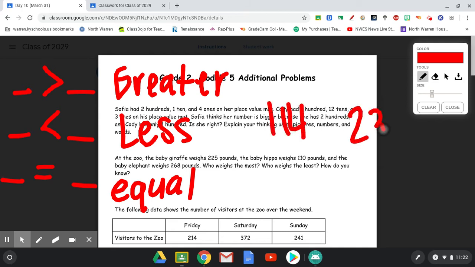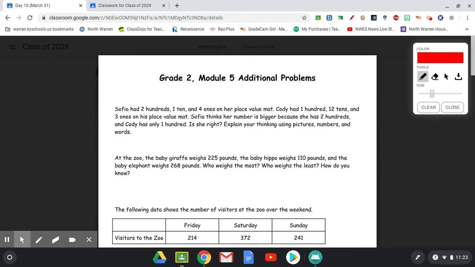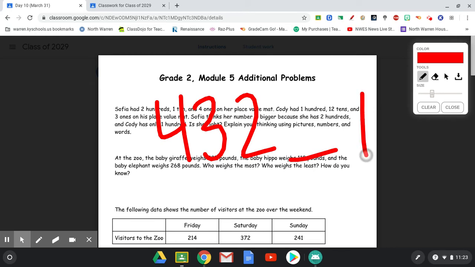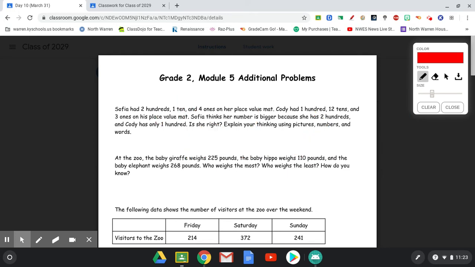If I have these two numbers, I would read it as 114 is less than 232. Or if my equation might say this, 432 and 112, 432 is greater than 112.